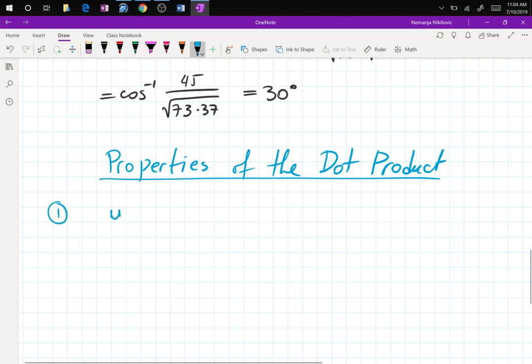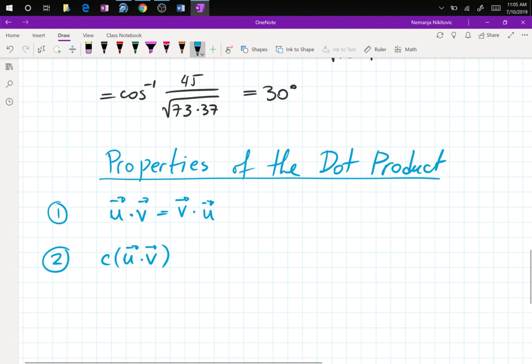Dot product is commutative, so u dot v is the same as v dot u. Very simple to prove this one. You do both dot products and you will claim the answer on the commutative property of the basic multiplication when you add the components.